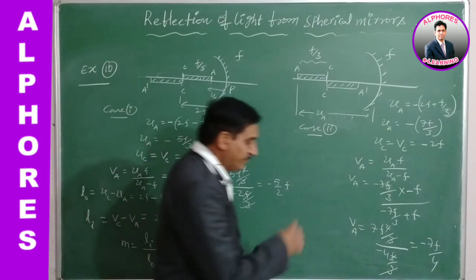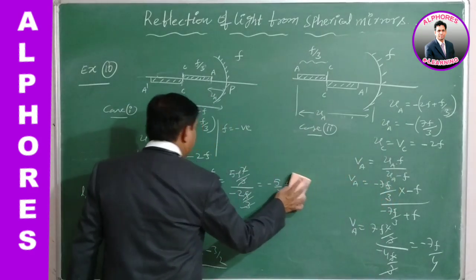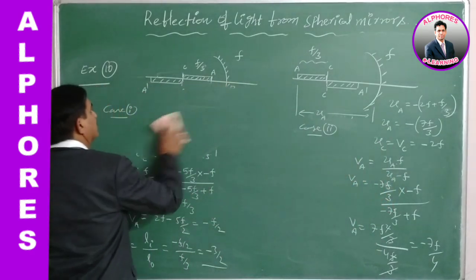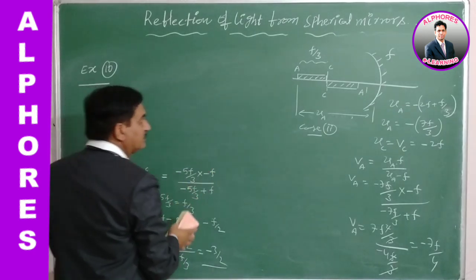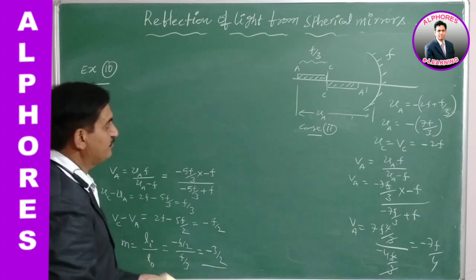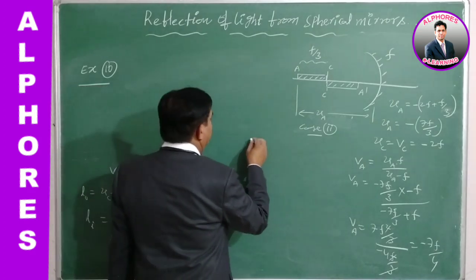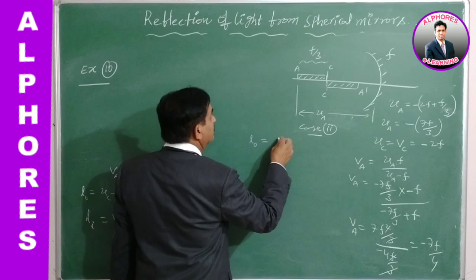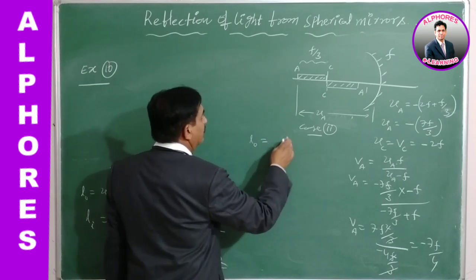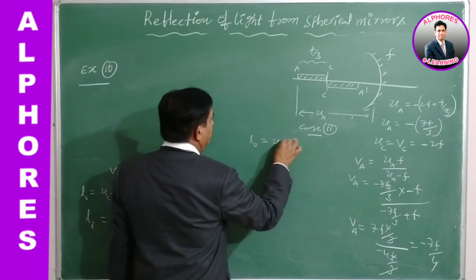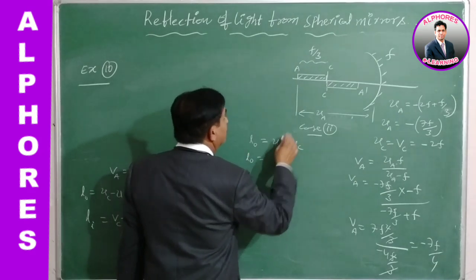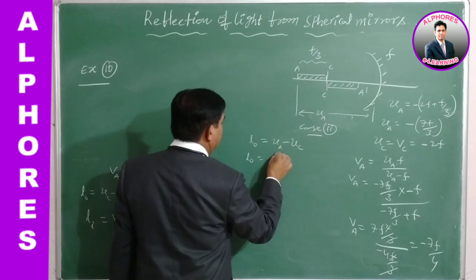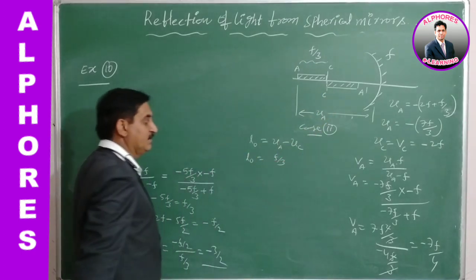Okay. So after finding this, again go for object length and image length. Object length L0, we know, is F by 3. How do you find this? L0 equals UA minus UC. UA is greater, UC smaller, therefore it is F by 3.